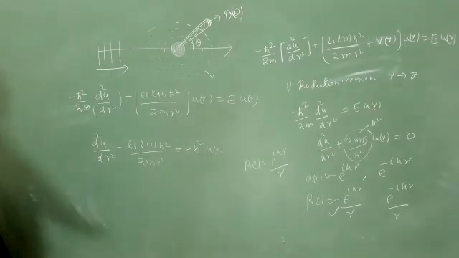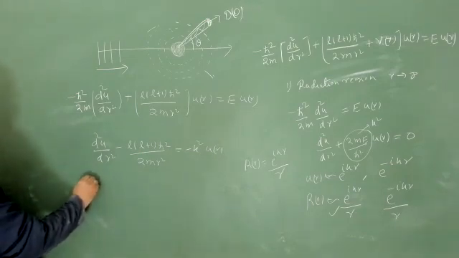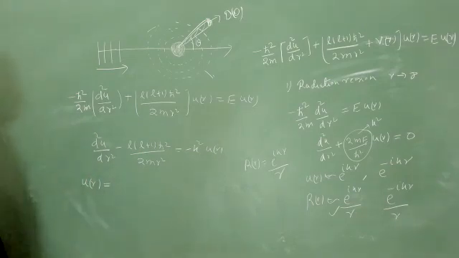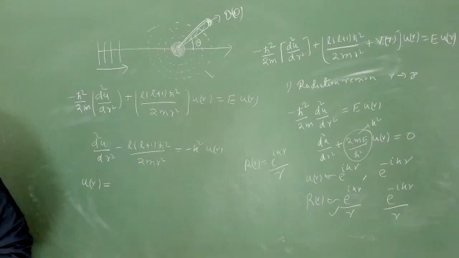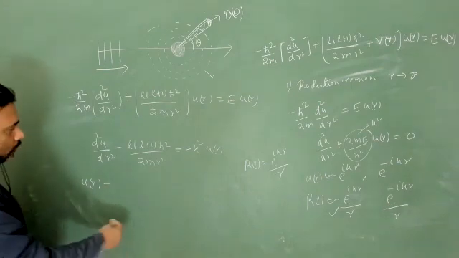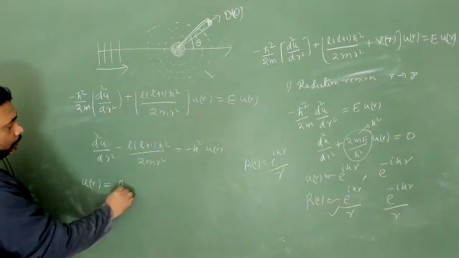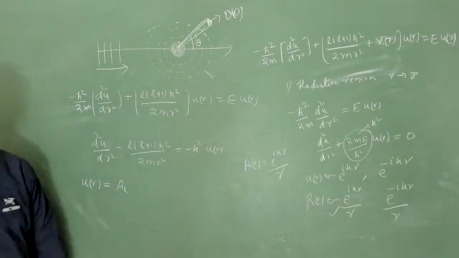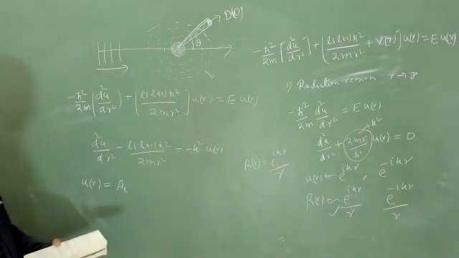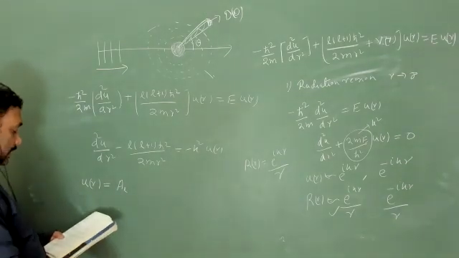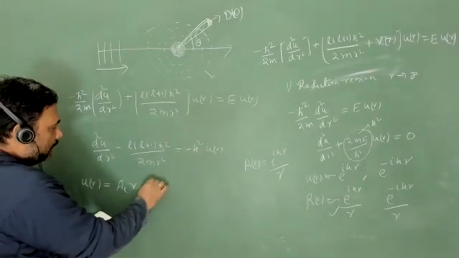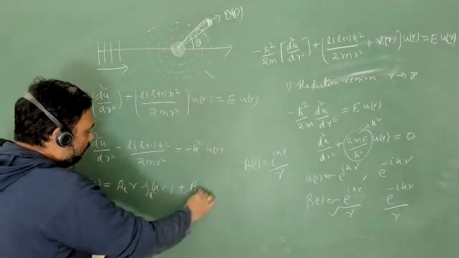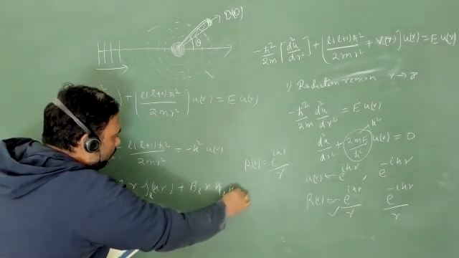The solution of this particular equation is identified as the spherical Bessel function, right? So you can write the solution as AL times JL of kr plus BL times NL of kr.